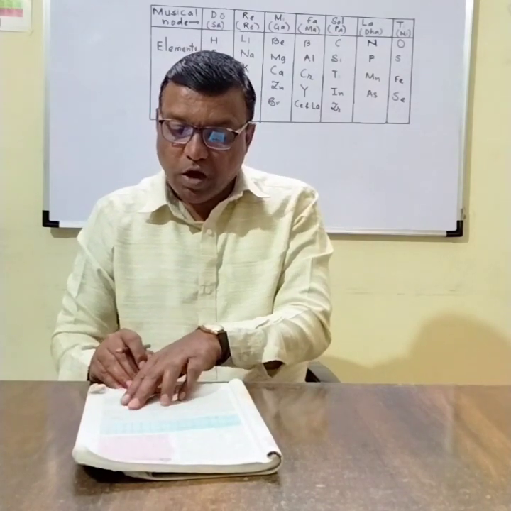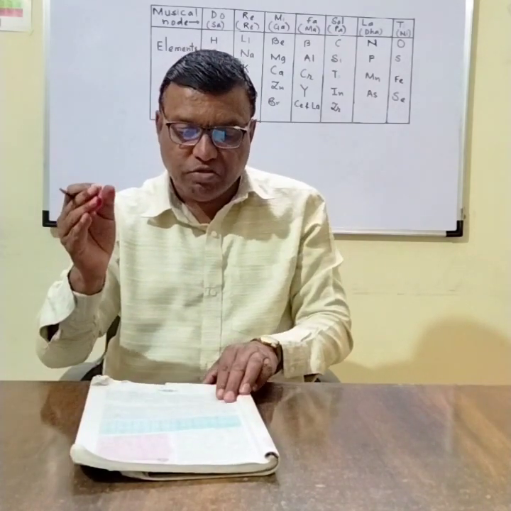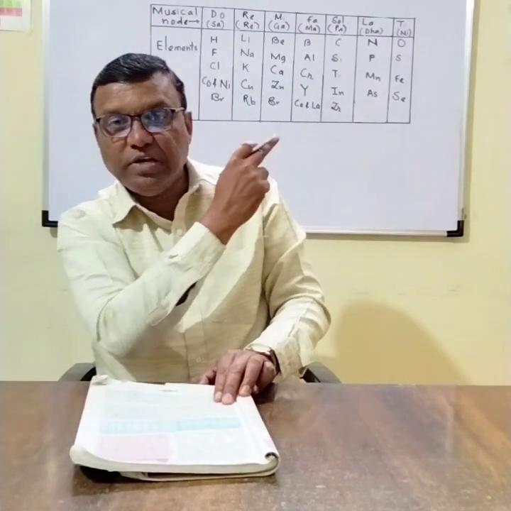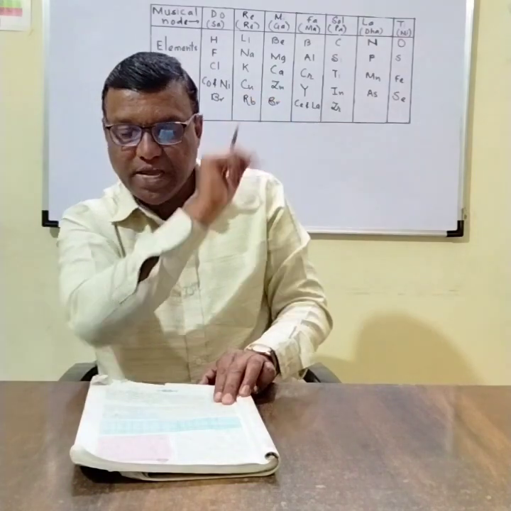Again, along with oxygen and sulfur, here the Ti note you can see, Sa Re Ga Ma Pa Dha Ni, under the Ni or Ti note you can see, along with oxygen and sulfur, Newland kept ferrous, Fe. So that was the drawback of Newland.